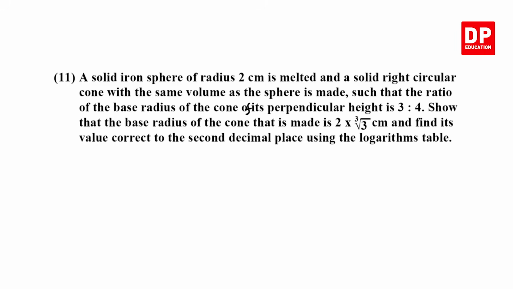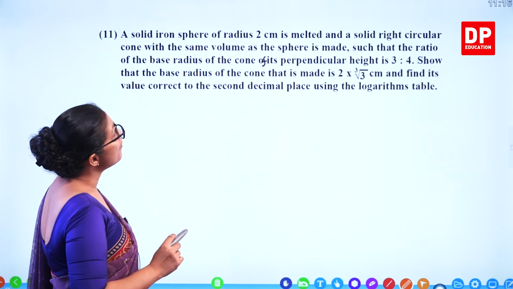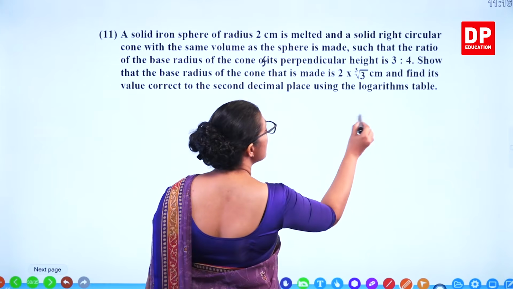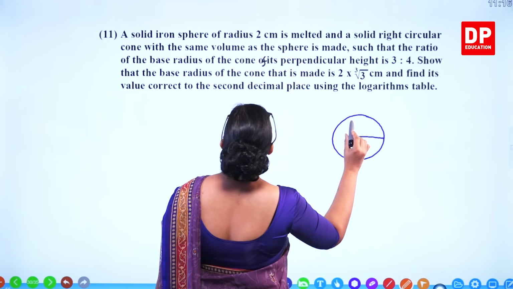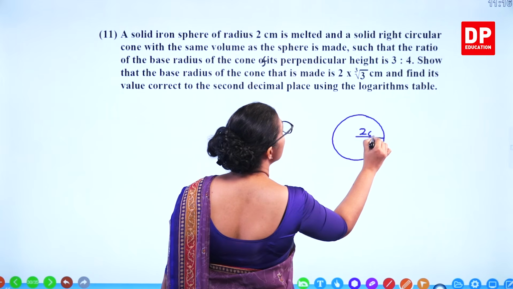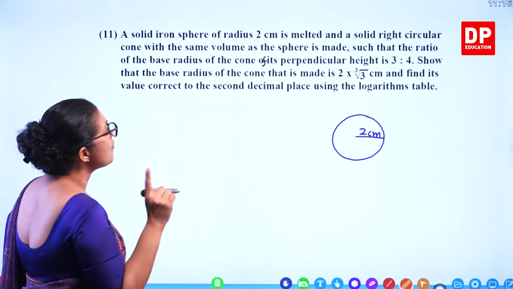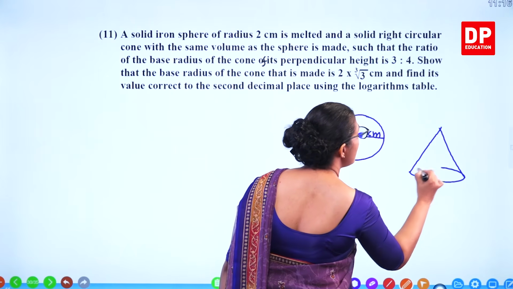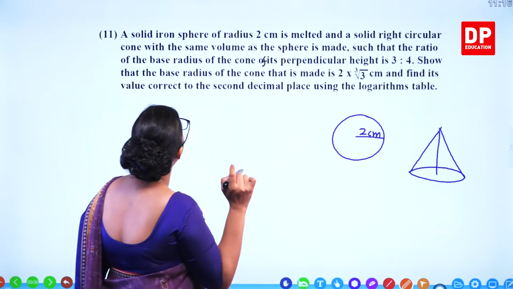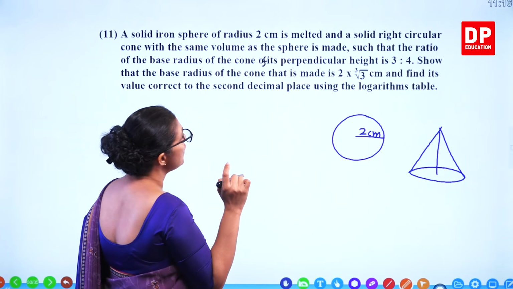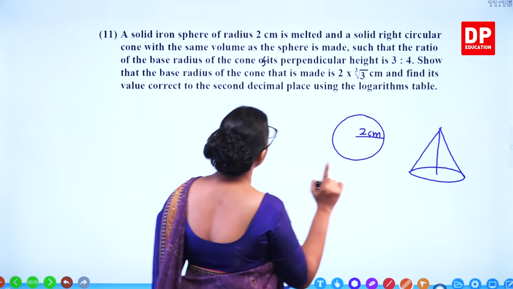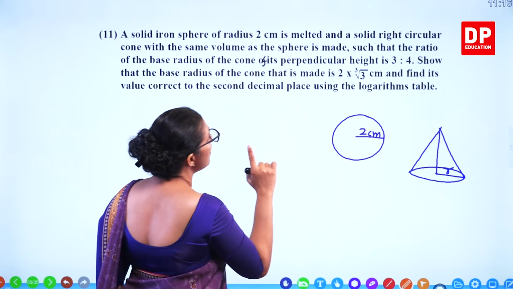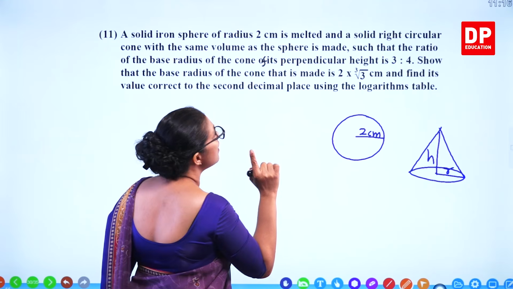Question number 11. A solid iron sphere of radius 2 cm is melted. So the sphere with 2 centimeter radius is melted and a solid right circular cone with the same volume as the sphere is made such that the ratio of the base radius and the perpendicular height is 3 to 4.